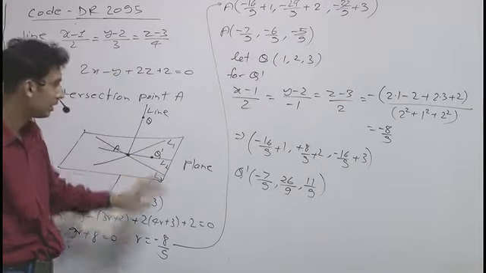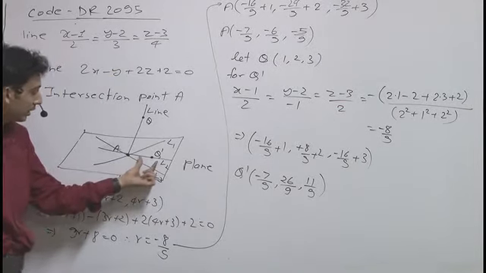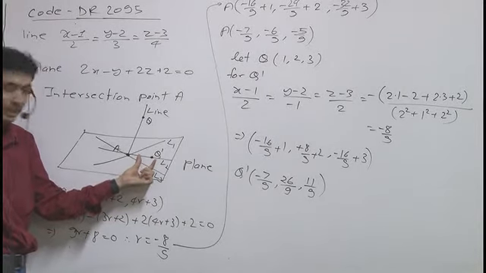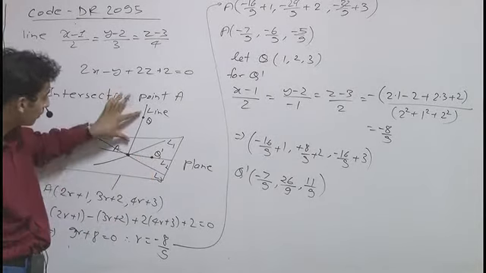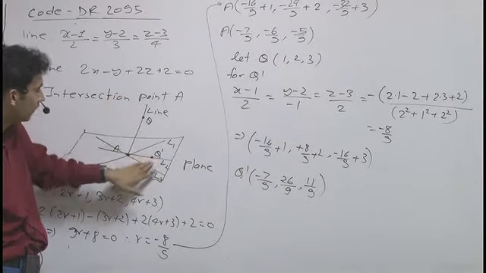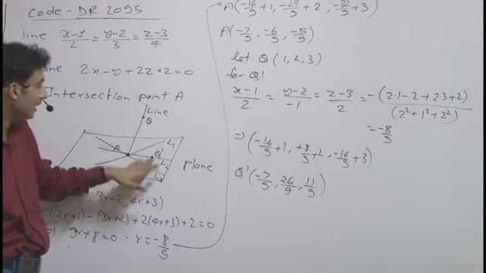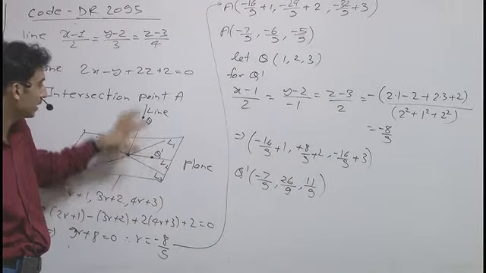Now, if we have to find the equation of L2, what is the equation of L2? L2 is the projection of the given line on the given plane, which lies in the plane and is at minimum inclination with the given line.